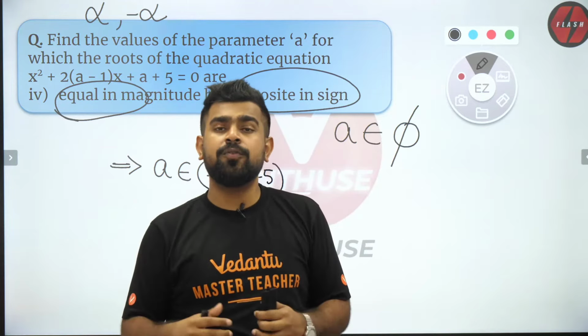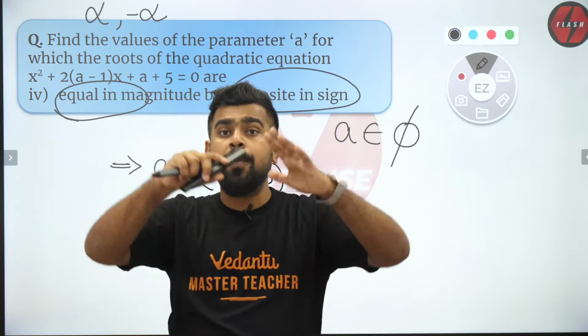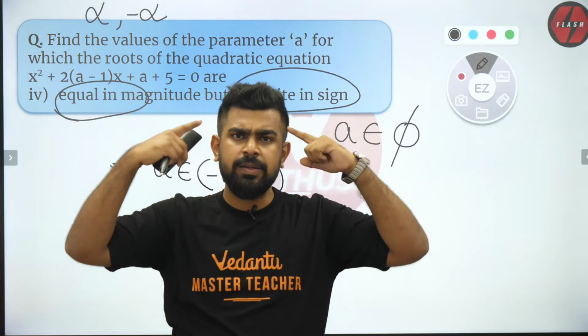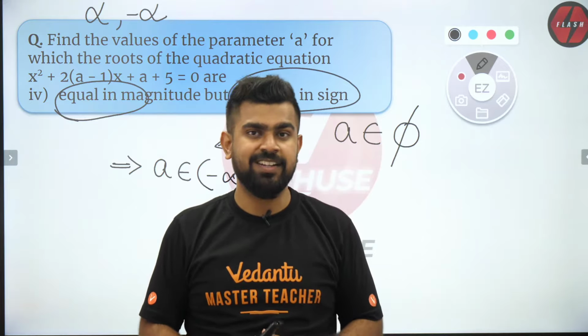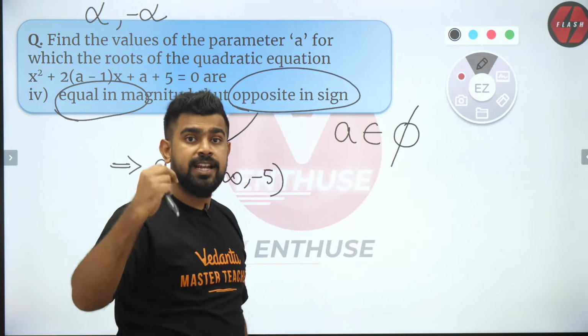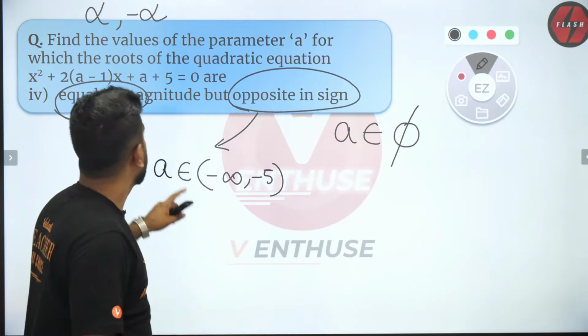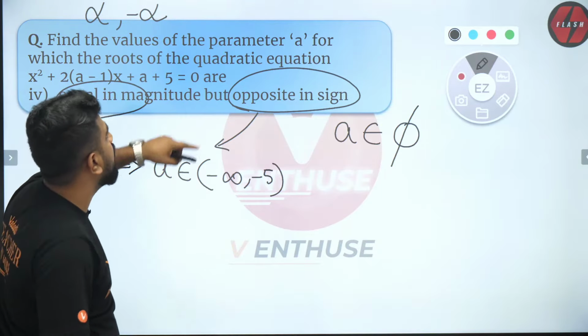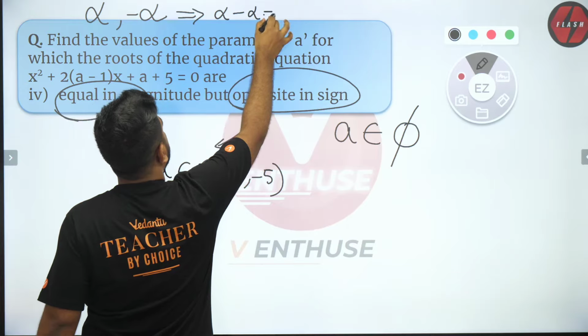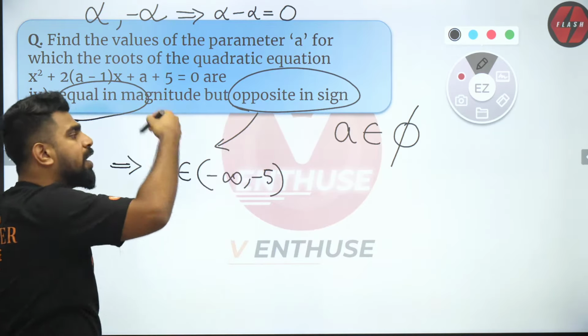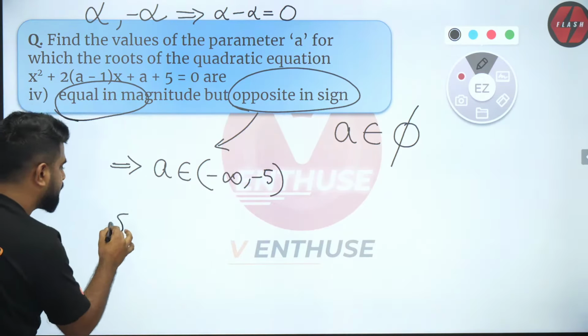So when they are of equal magnitude and opposite sign, what immediately strikes your mind? The immediate thought should be that the sum of the roots is 0. And what is the sum of the roots of a quadratic?